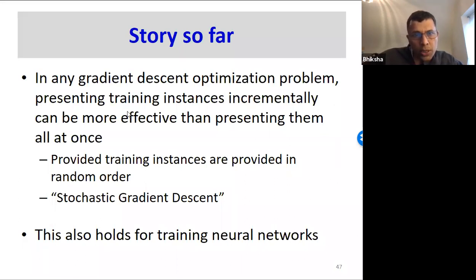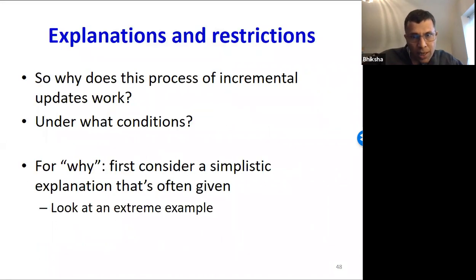Now, the question is going to be, why does this process of incremental updates work and under what conditions? Why should I believe that just picking my handkerchief a little here, pushing it a little there, and doing it one spot at a time is going to give me an overall acceptable model estimate?